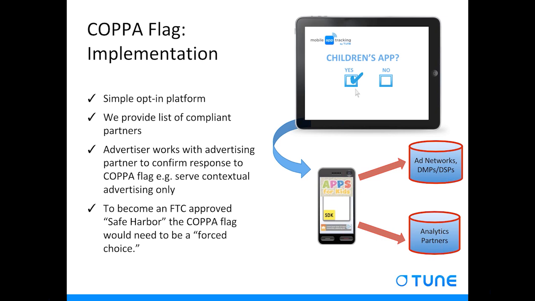So to be clear, the TUNE COPPA flag as implemented right now is not a forced choice, but it's definitely a direction that we could go if there's interest from the community. Because having a safe harbor would definitely bring some transparency and confidence to the market for kid-directed apps and also for kid-directed advertising.